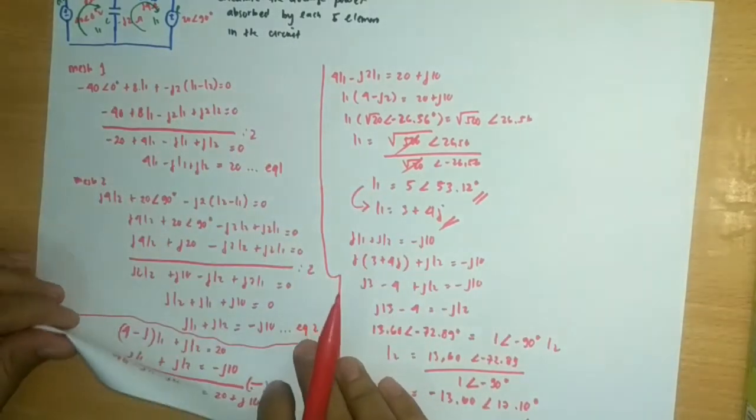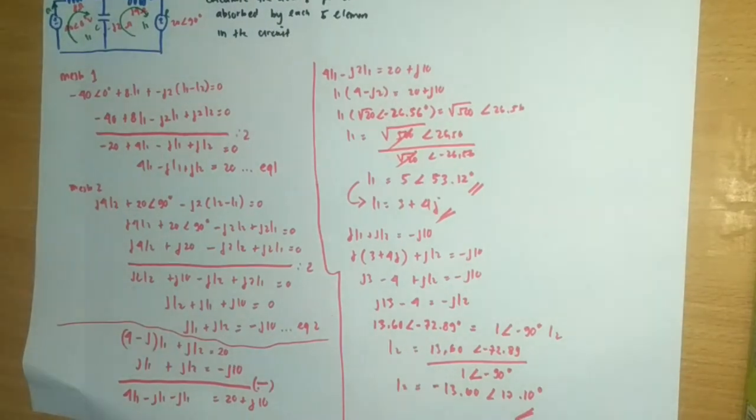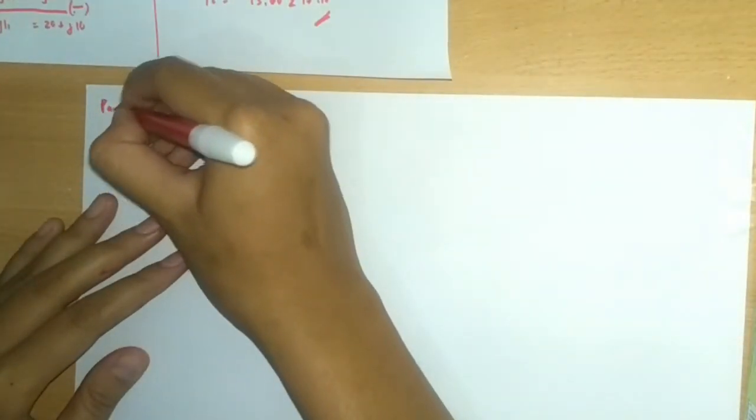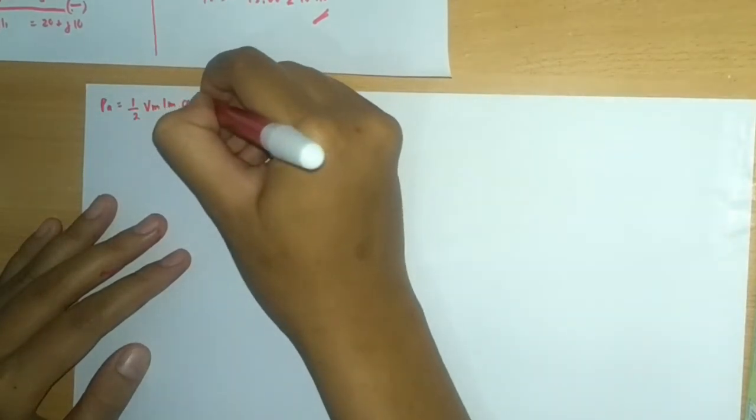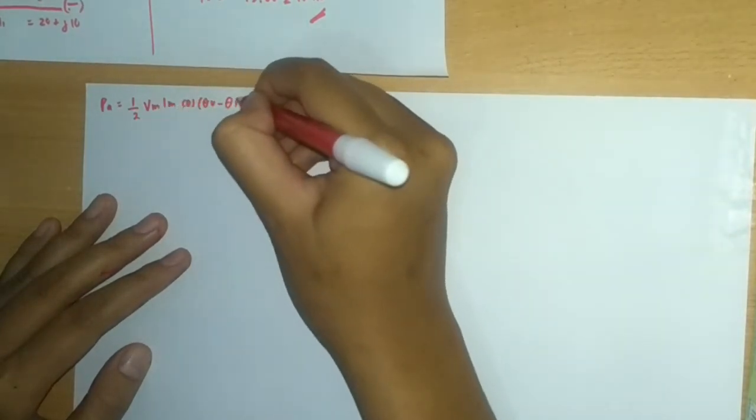So first we're gonna calculate the first element. The first element is A, so PA is 1 divided by 2 Vmax Imax cosine of (theta V minus theta I).